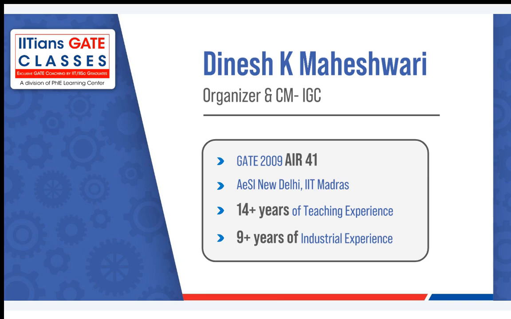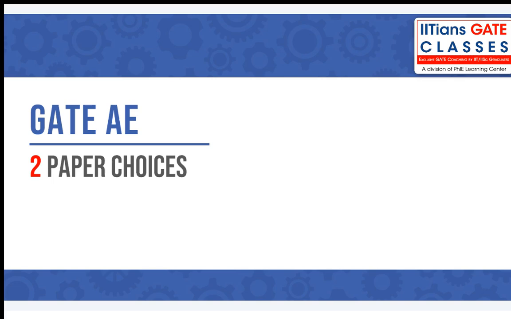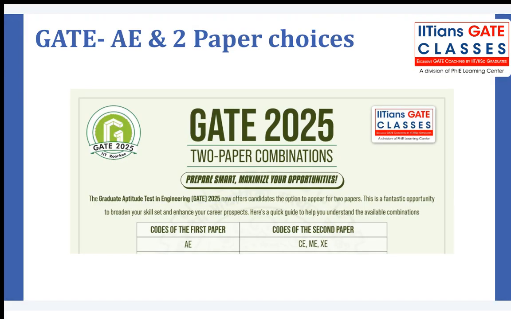Okay, perfect. So this session is all about GATE AE two paper choices, and on this I will share my insight. If you look at the official option for GATE aerospace paper, you need to select the primary paper as GATE AE.